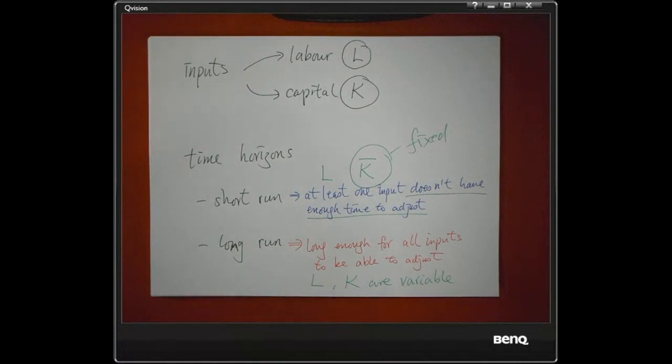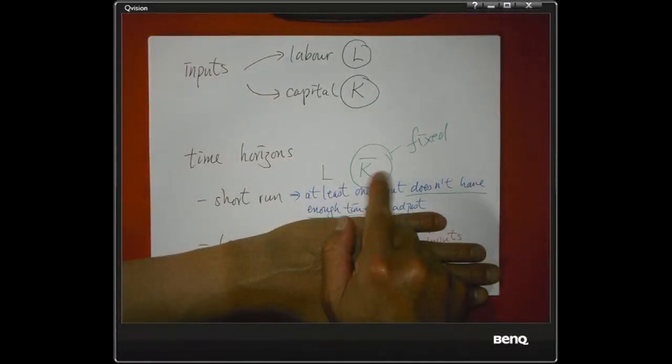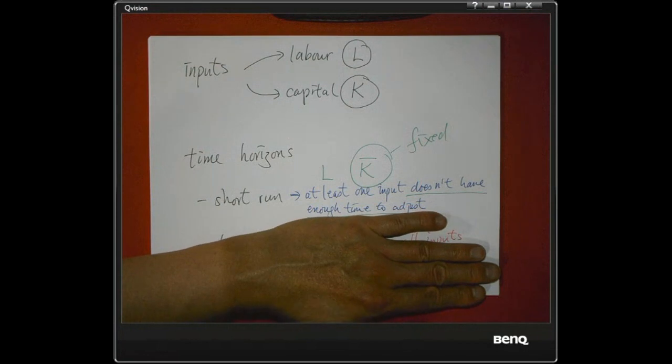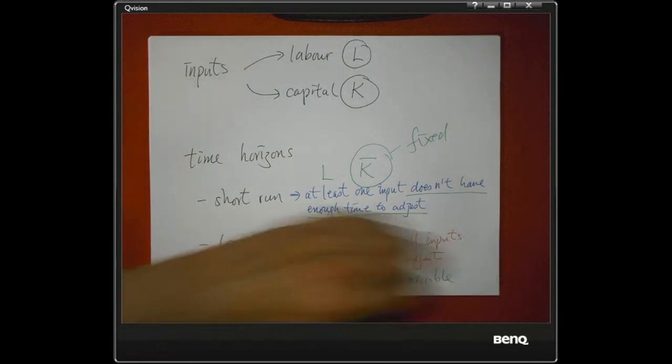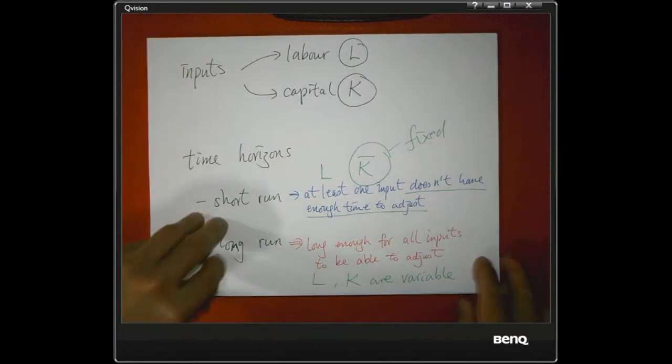And now, since in the short run, the size of the factory is fixed, and we only need to pay attention to labor input, that is an easier task. And that's why we start off with the discussion of the short run production function. So the flow is like this.